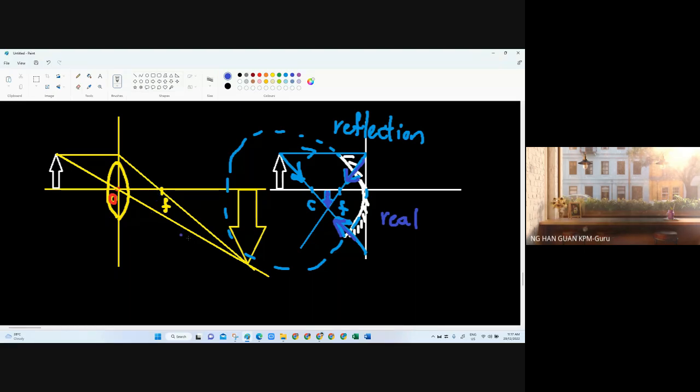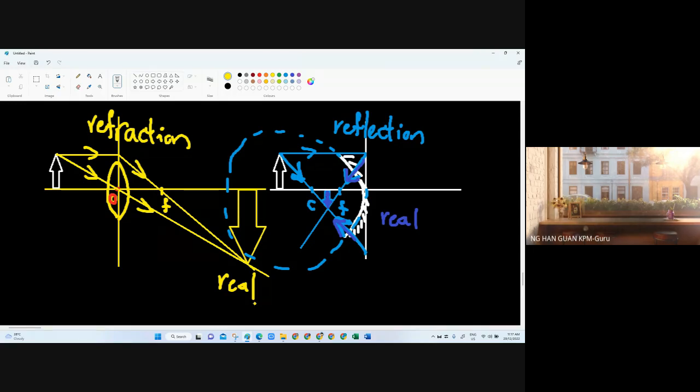But for the lens, it is based on refraction. The light penetrates through the lens, enters and exits, so it is refracted. If you're talking about the position, the image formed by the lens on the side not the same as the object, we call it real. But for the mirror, when the image forms on the same side as the object, we call it real.